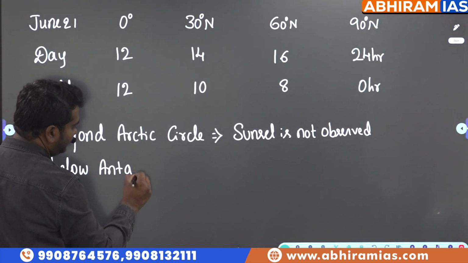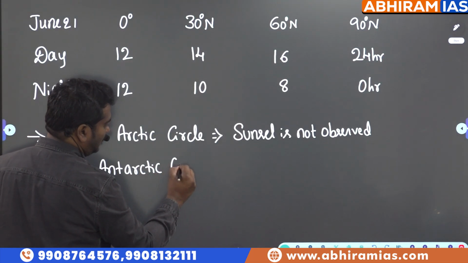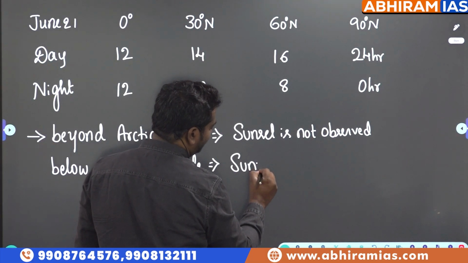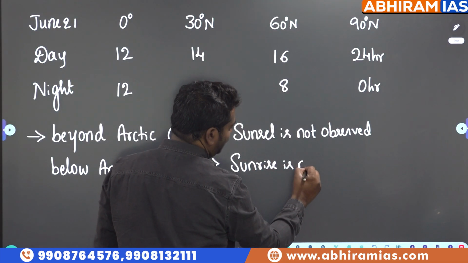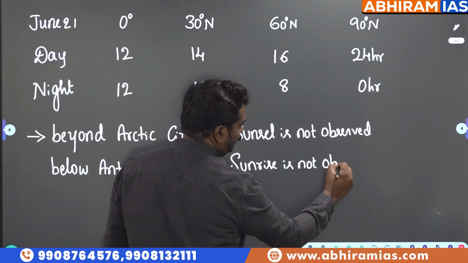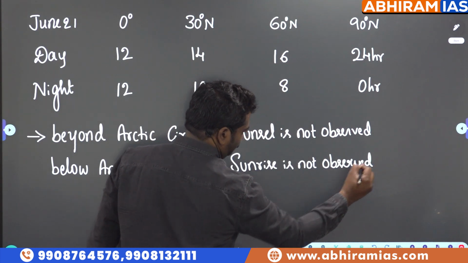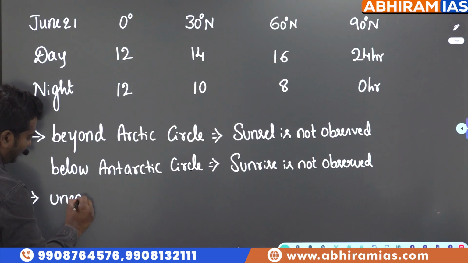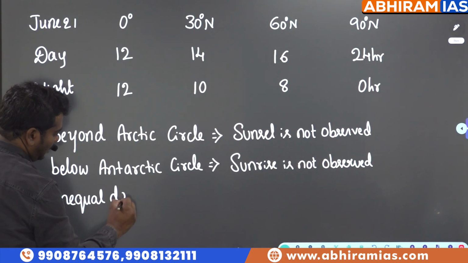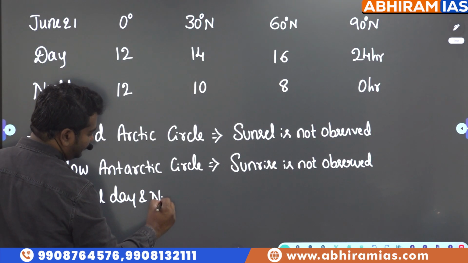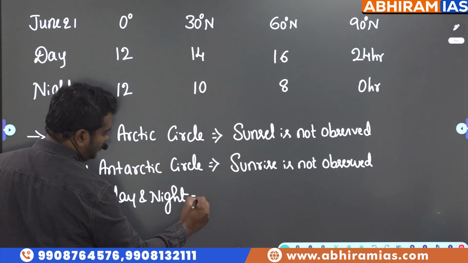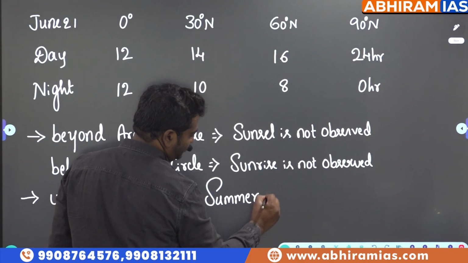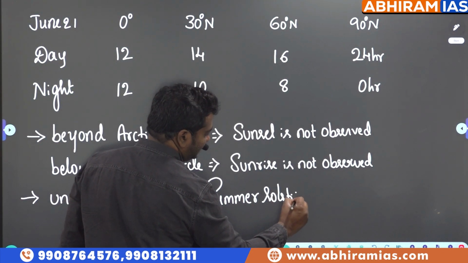Below Antarctic Circle, what is not observed? Sunrise is not observed. And as you have unequal day and night, it is called summer solstice.